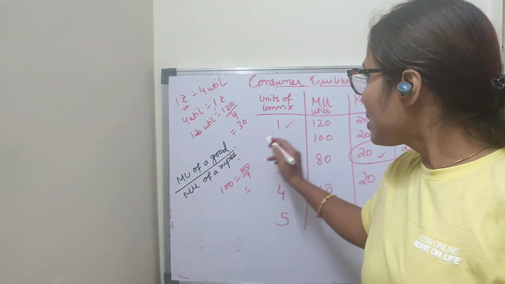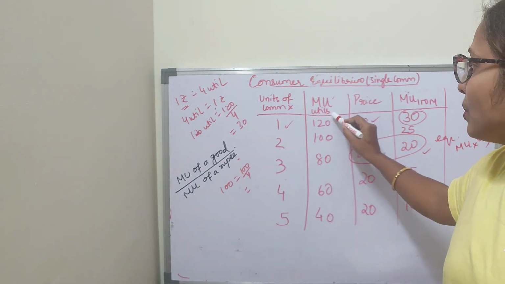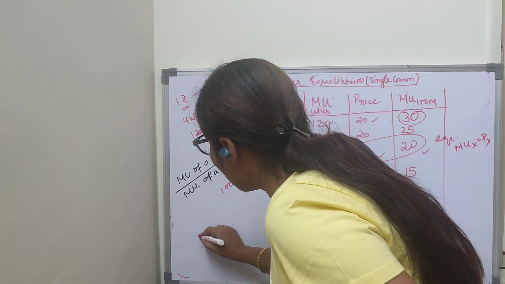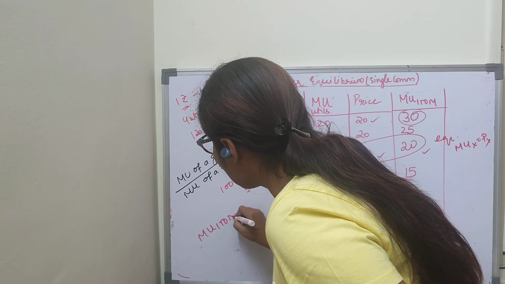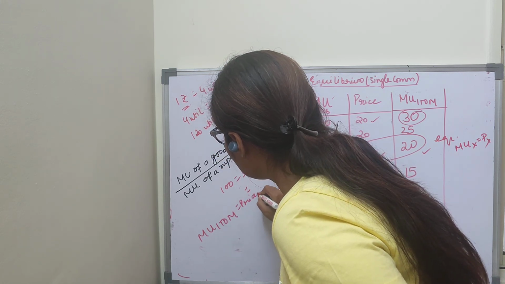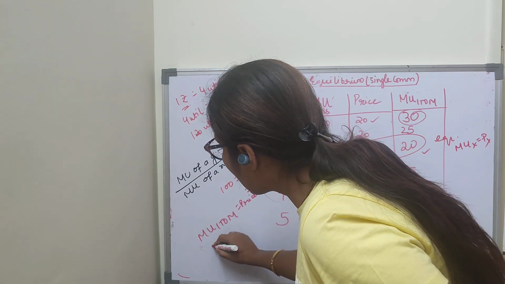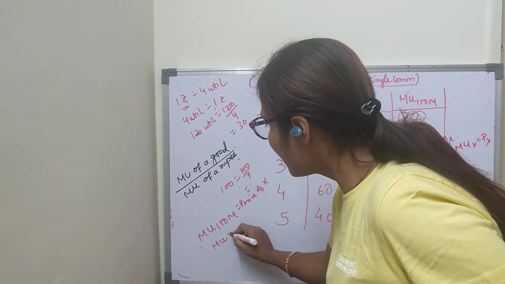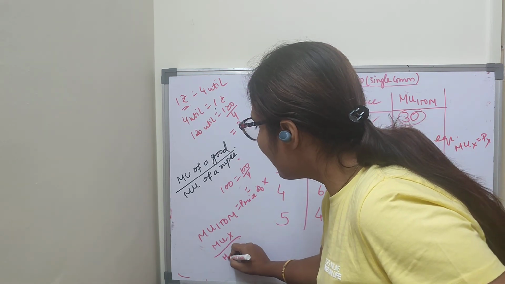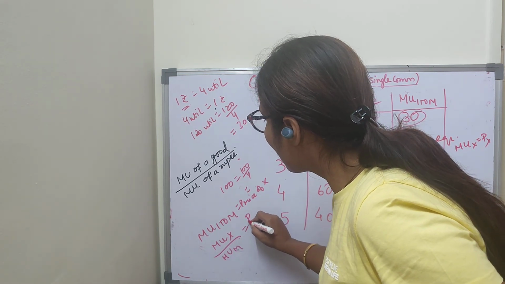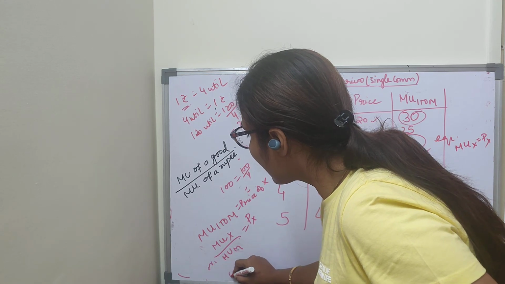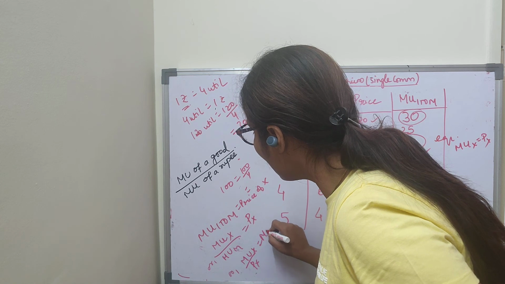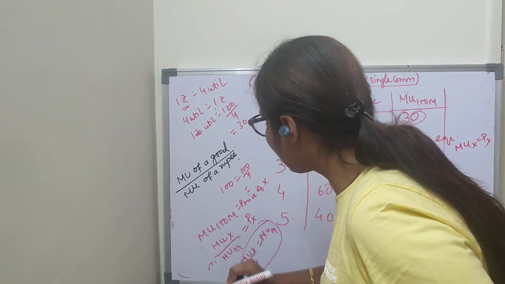So whenever we want to convert this marginal utility in terms of money, we write: marginal utility in terms of money is equal to the price of X. So the marginal utility in terms of money is the marginal utility of a good, that is commodity X, in terms of money, that is MUM is equal to the price of X. We can write it this way also, MUX by PX is equal to MUM. So proved.